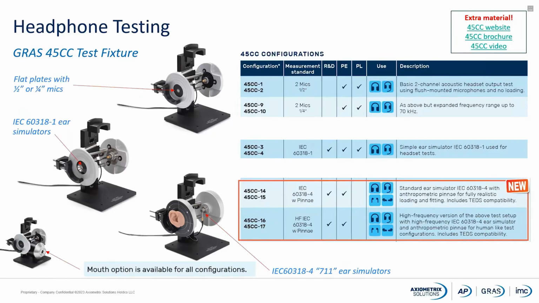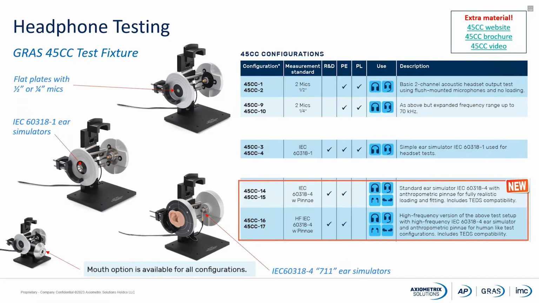You can also get the system, or the 45cc, with an IEC 60318-1 ear simulator mounted. The plate and the IEC 60318-1 ear simulator configurations can be used with on-ear and over-the-ear headphones.